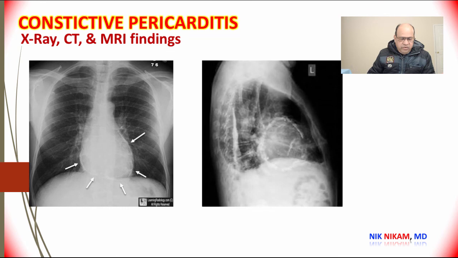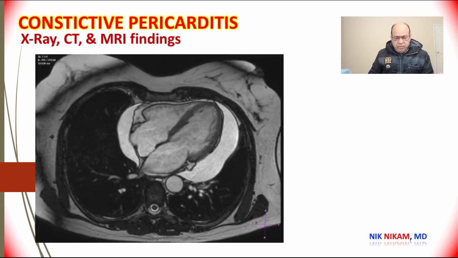Here is a chest X-ray showing calcification around the heart, which could be an indication that we are dealing with a significant amount of fibrosis and calcification in a patient with an advanced constrictive pericarditis.